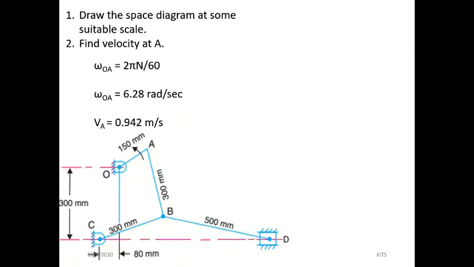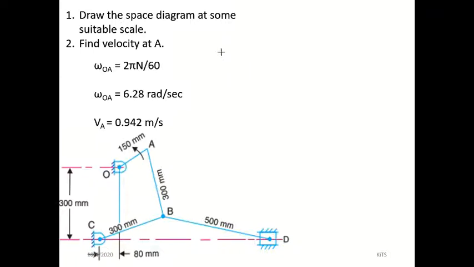So velocity equals 6.28 into the length of OA, which is 150 mm.